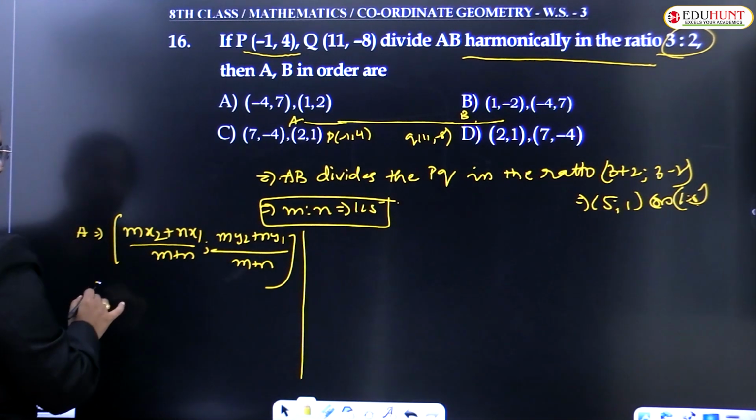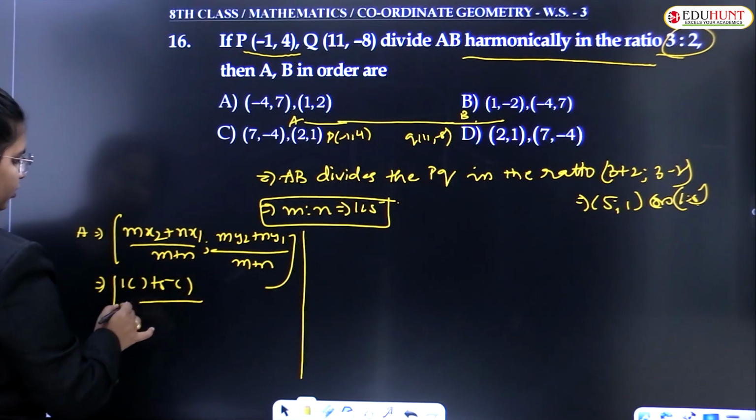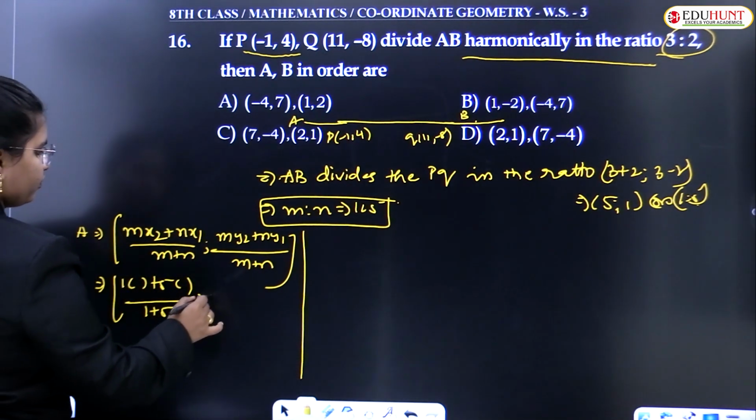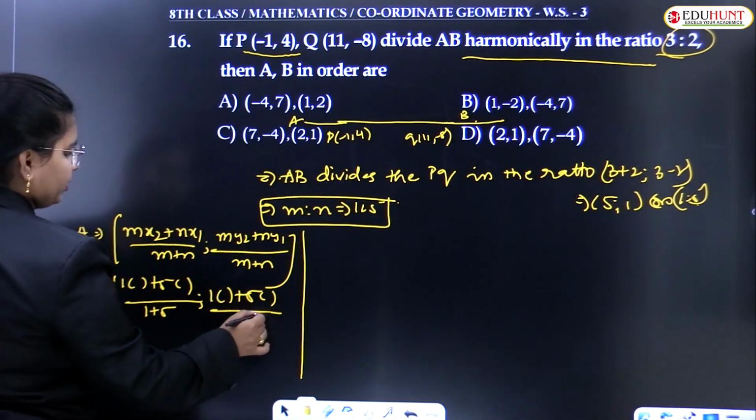What is m is to n? 1 is to 5. So (1 times x2 + 5 times x1) divided by 1 plus 5, and similarly for y.